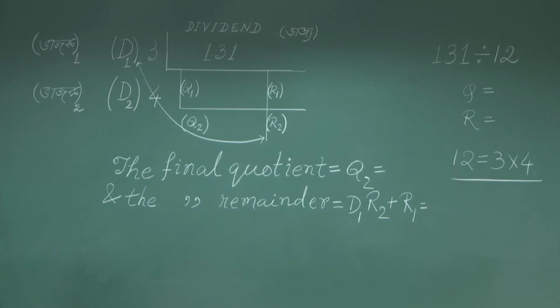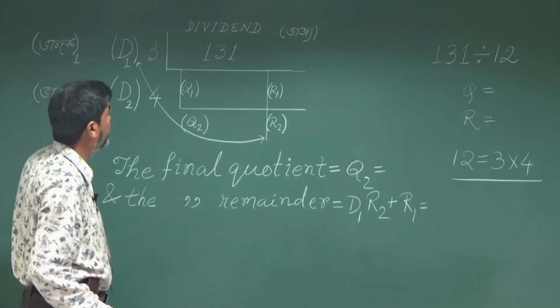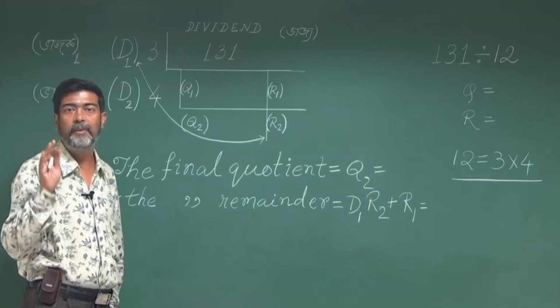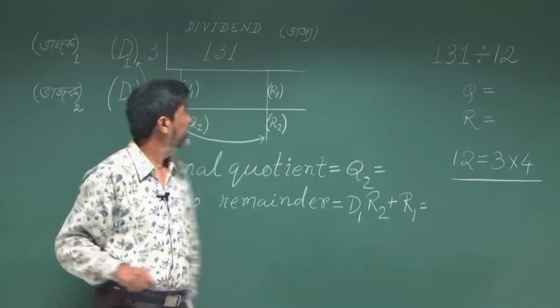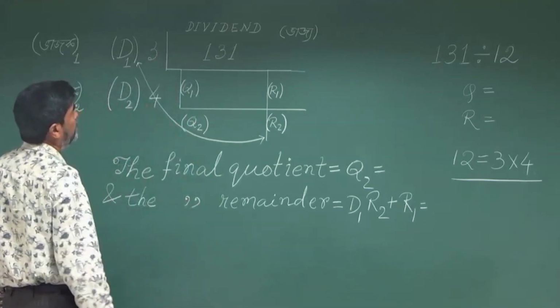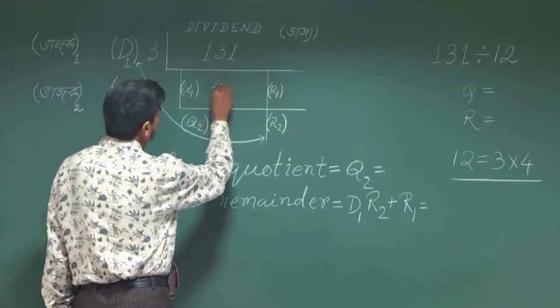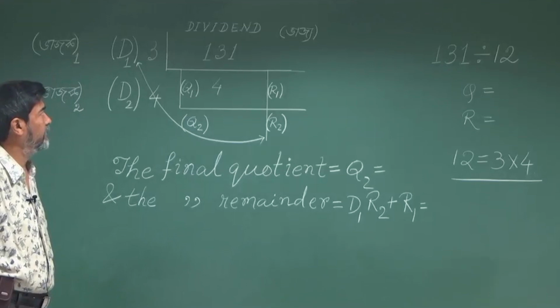So for the first division, let us make it clear that 131 is to be divided by 3, and we are very much acquainted with the table of 3. Then divide 131 by 3. 3 4s are 12. We are left with 1.